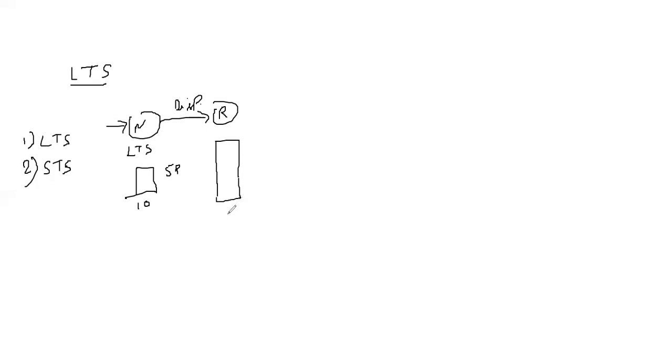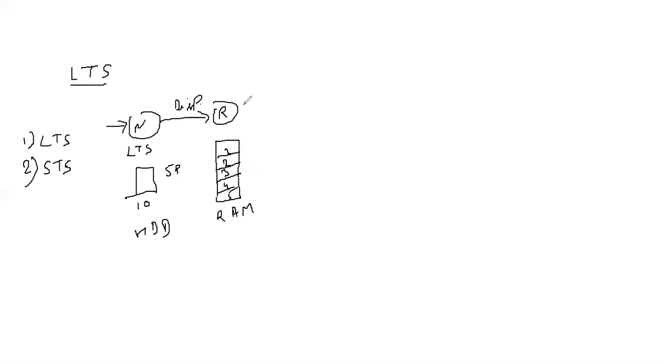Now, the ready state is in RAM. So, from the hard disk, you have sent the processes to the RAM. So, 1, 2, 3, 4, 5. So, you got 5 processes into the ready state.